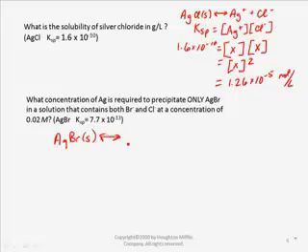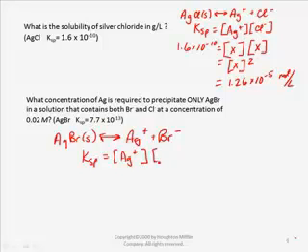Again, here's our equation that we're working with, and my equilibrium expression. In this case, we have our Ksp.